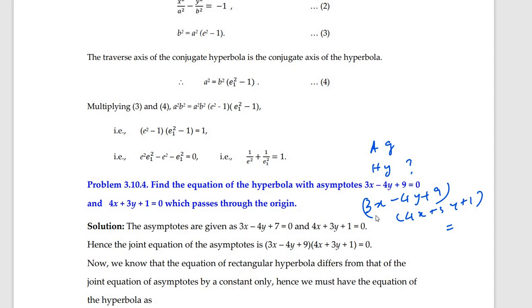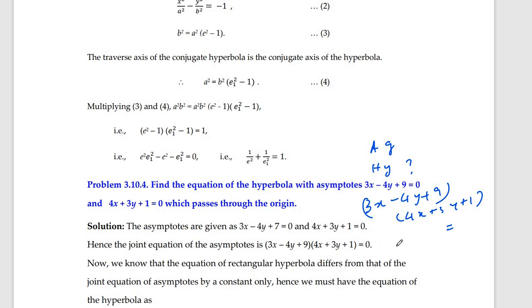The asymptotes are given by 3x minus 4y plus 7 and the other one. Hence the combined equation of the asymptotes is given by this.